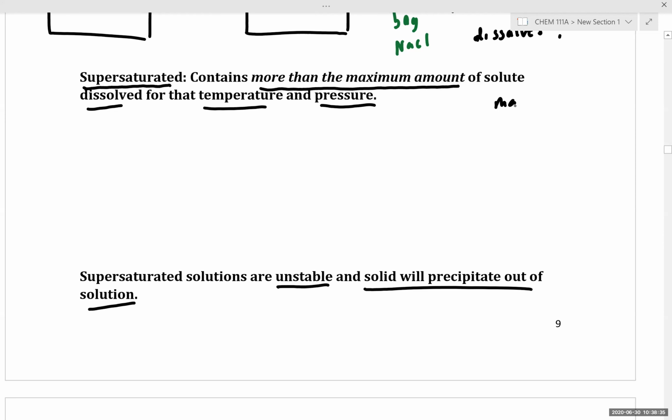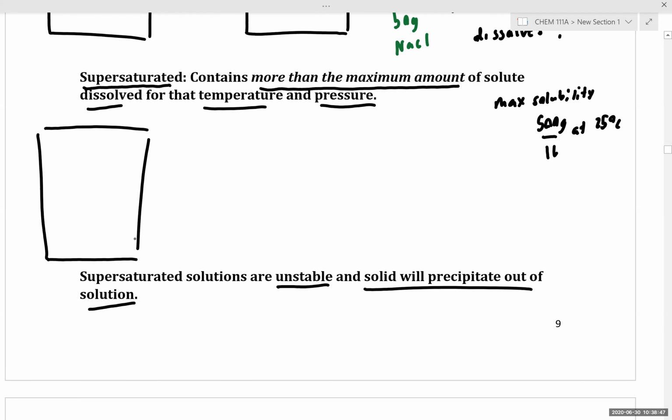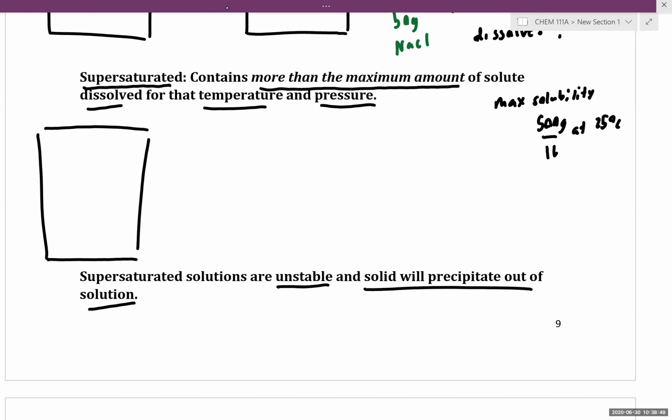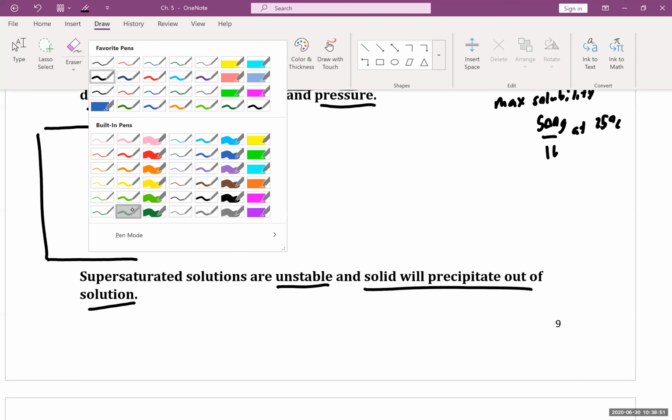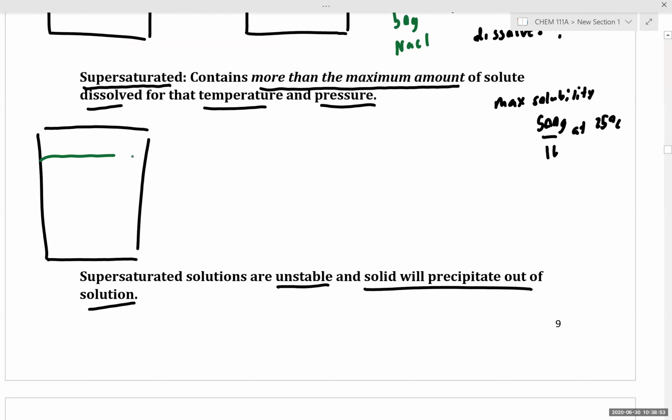So again, let's suppose our max solubility is 500 grams per 1 liter at 25 degrees Celsius. And let's suppose that we have a solution where we have 600 grams per 1 liter at 30 degrees Celsius. So we've changed the temperature.